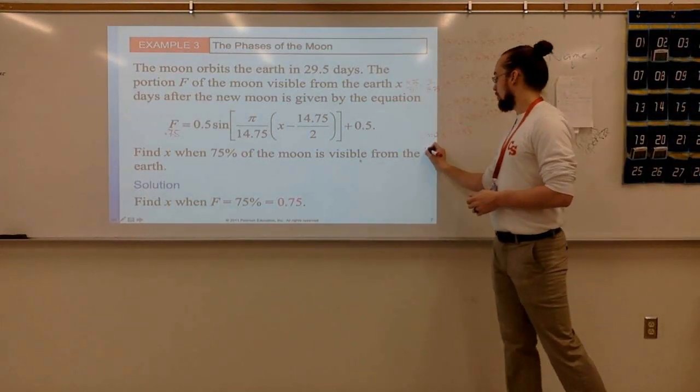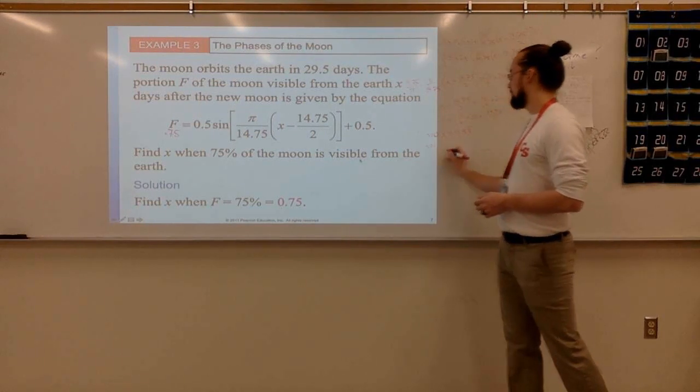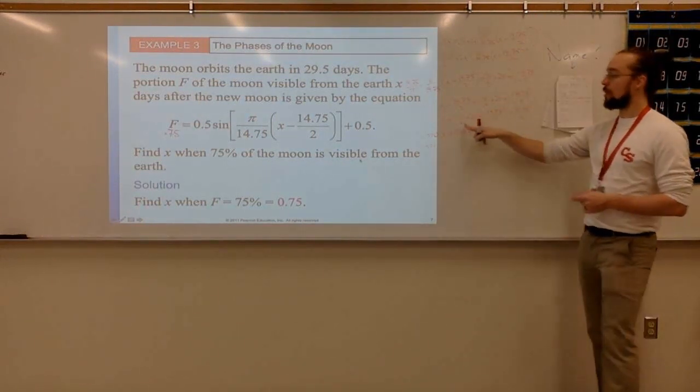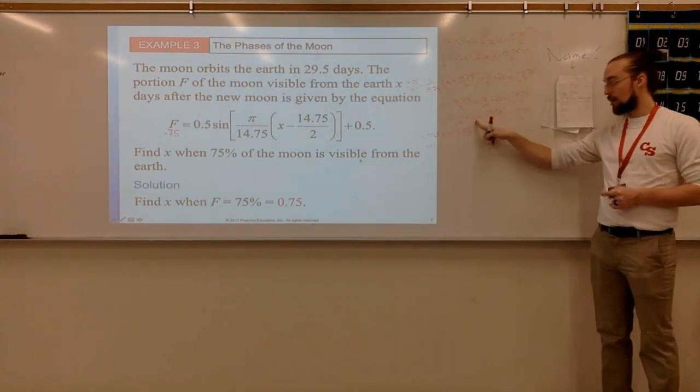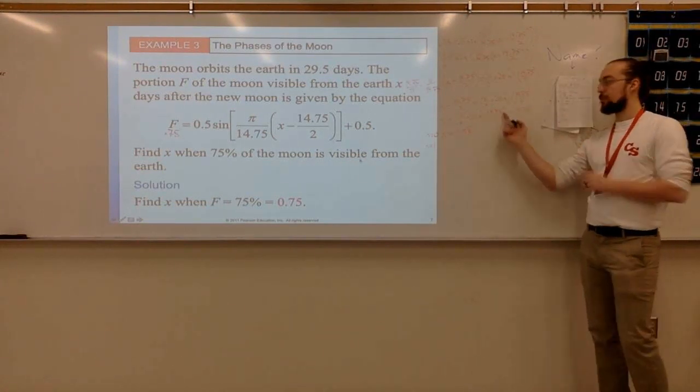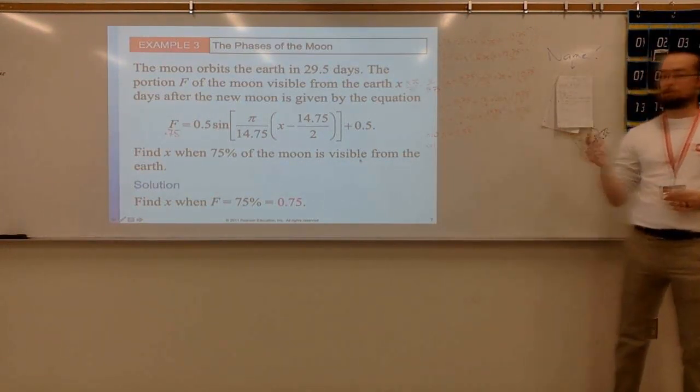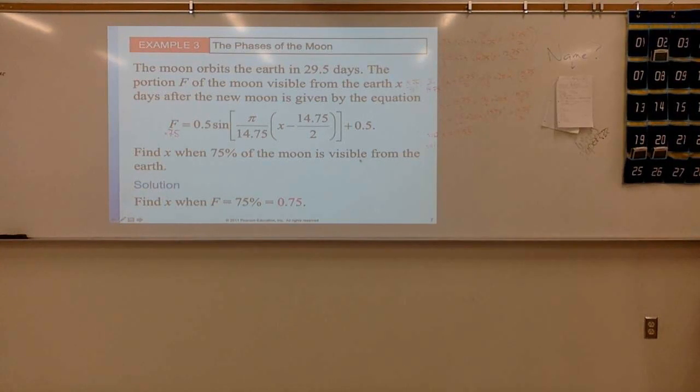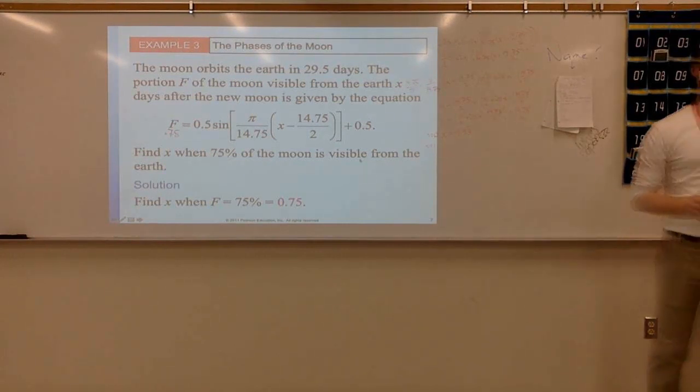So what if we plug in n equals 1? Now we would have pi over 6 plus 2 pi times 14.75 over pi plus 14.75 over 2. What would we get for that? 39.3.